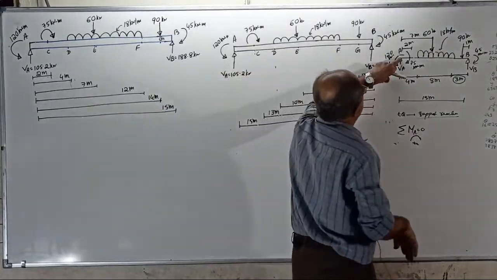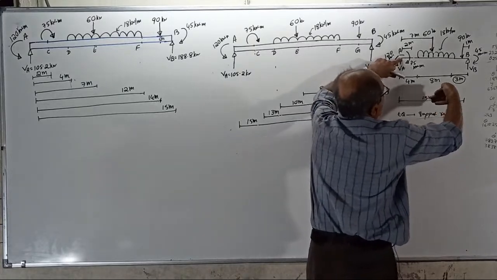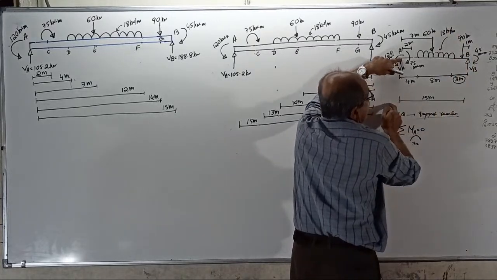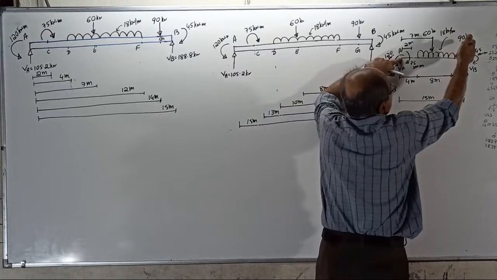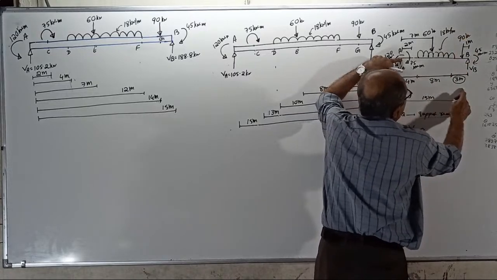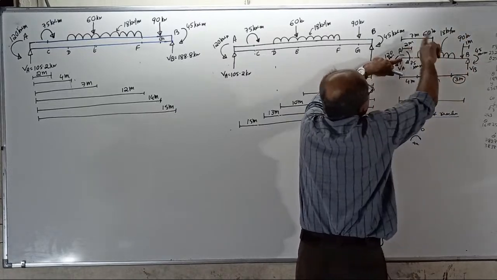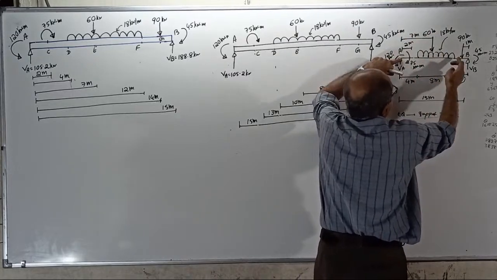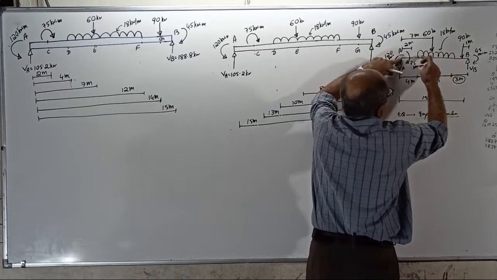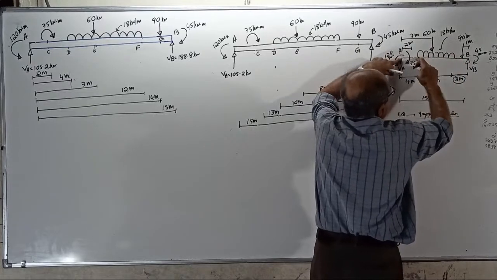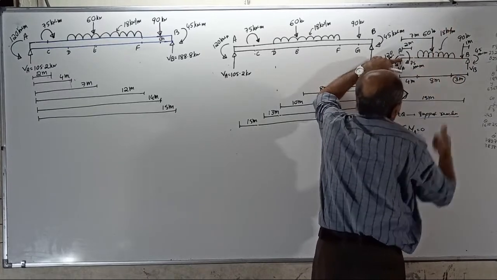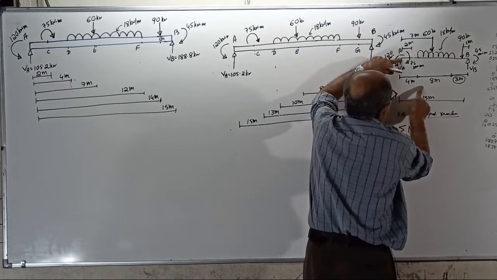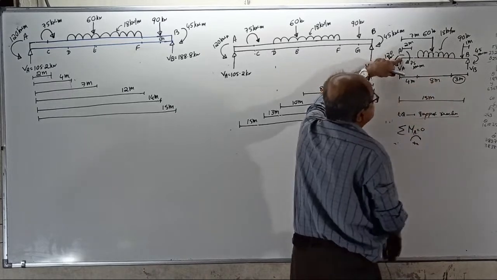See, take moment about A. Minus VB into 15 plus 90 into 14 plus 60 into 7 plus 18 kN per meter for 8 meter. 18 into 8 is the total load into bracket 4 plus half of 8.